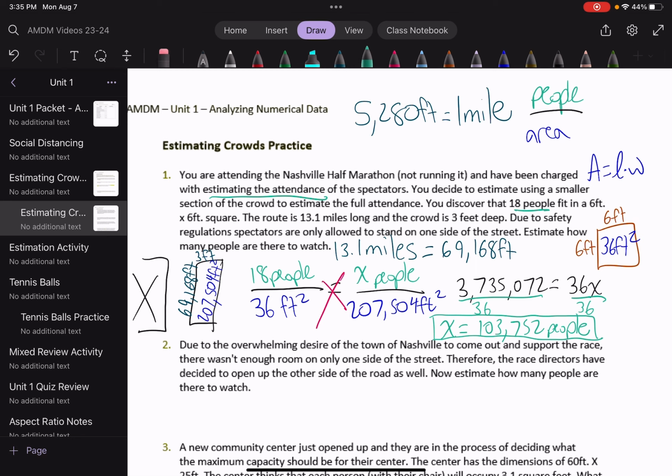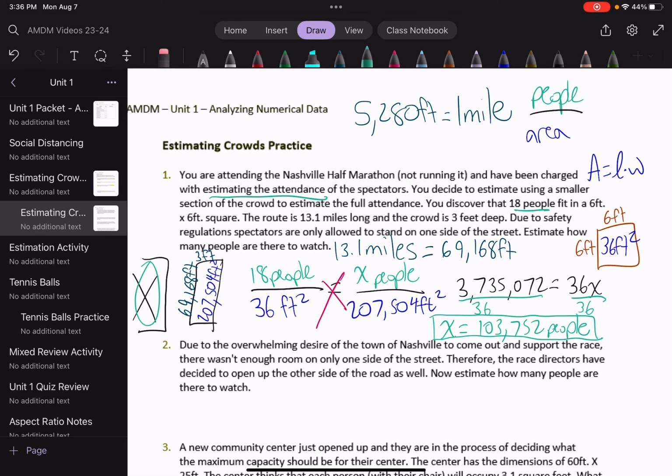So it says, due to the overwhelming desire of the town of Nashville to come out and support the race, there wasn't enough room on only one side of the street. Therefore, the race directors have decided to open up this other side of the road as well. Now we need to estimate how many people there are to watch. So we're taking the same depth, the same distance, we're just multiplying this by 2.